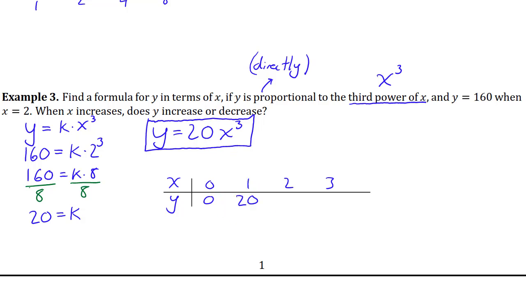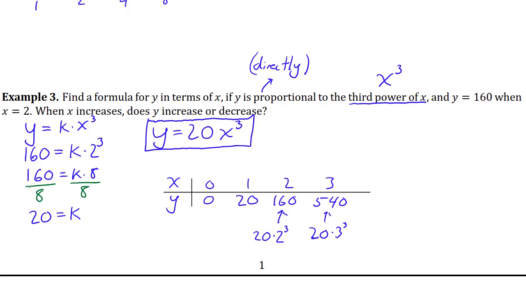If you plug in 2, that's going to be 20 times 2 cubed, which is 20 times 8. Oh yeah, I know what that's going to be, 160. So we're basically checking it there. If you plug in 3, you're going to get 20 times 3 to the power 3, which is 20 times 27, which I think comes out to be 540.